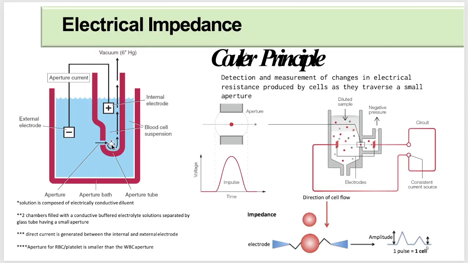Take note that one pulse is equivalent to one cell. So that's your Coulter principle.